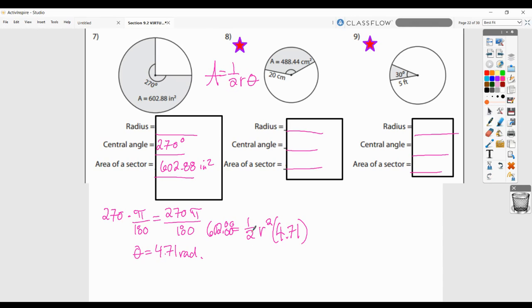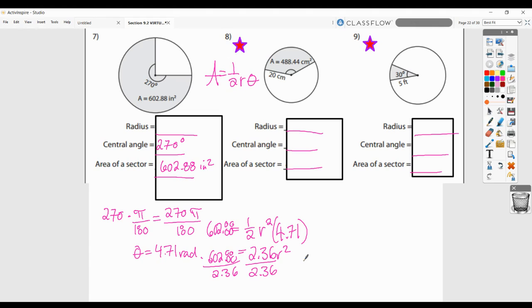So to solve this, do 1/2 times 4.71. That's 2.36. R squared equals 602.88. How do I solve? Divide each side by 2.36. You're solving for the missing part, which should be something that you're very familiar with in algebra.